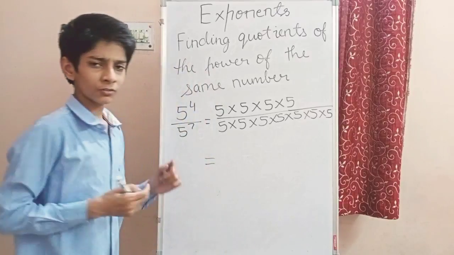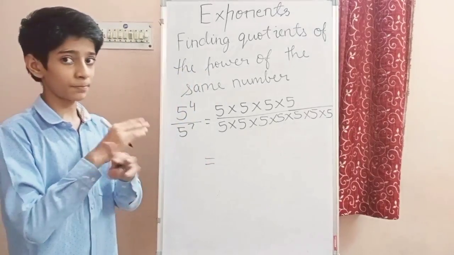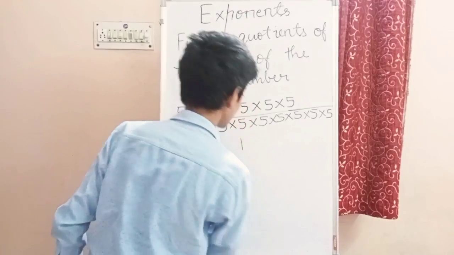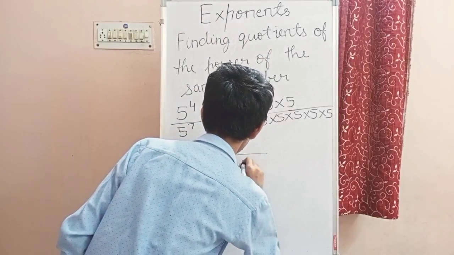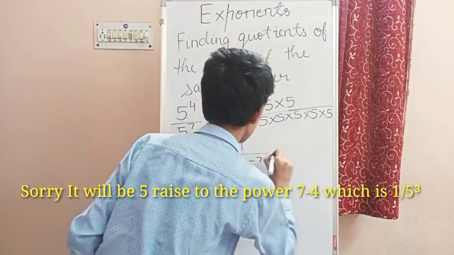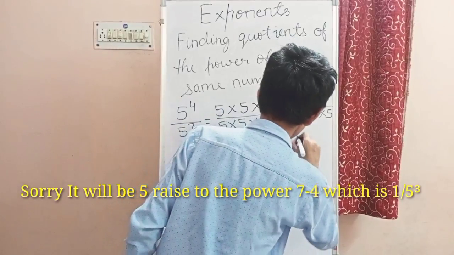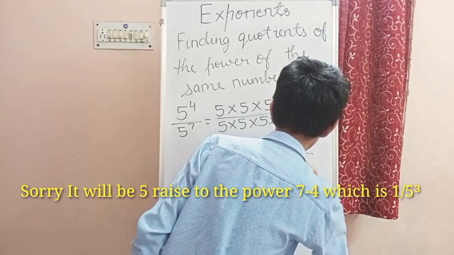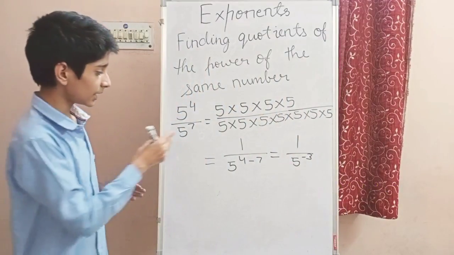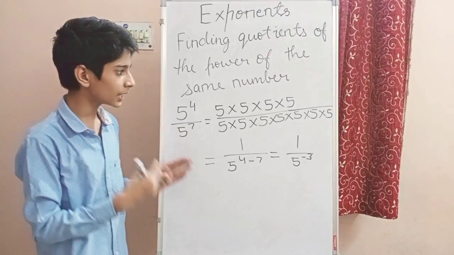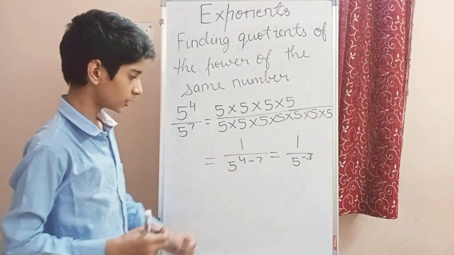Now in this we will follow the same step. In this we will write the numerator as 1 and then we will write 5 raised to 4 minus 7 in the denominator. So it came as 1 upon 5 raised to 3. Okay, so now you are clear that if the denominator is greater, then what we do?